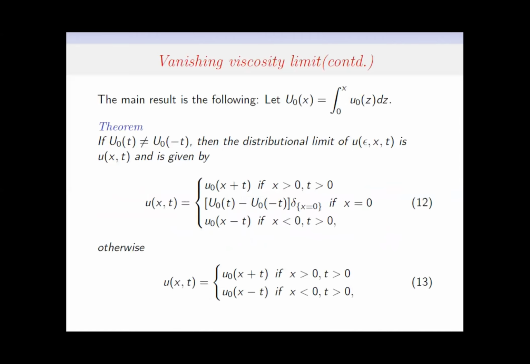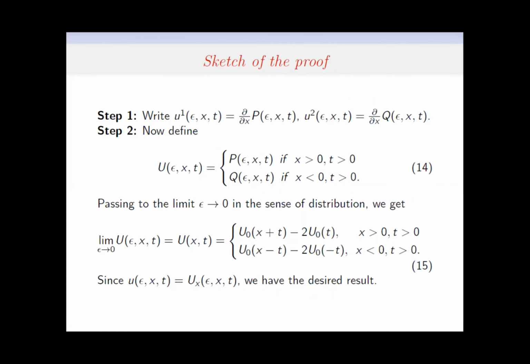Now this is the final result, where we can see that we have a delta wave, a delta shock, in that solution at x equal to 0. Here U0 is defined, and u(x,t) is given by equation number 12. For the sketch of the proof, first we can write u1 as a differentiation of some function, and u2 also as a differentiation of some function.